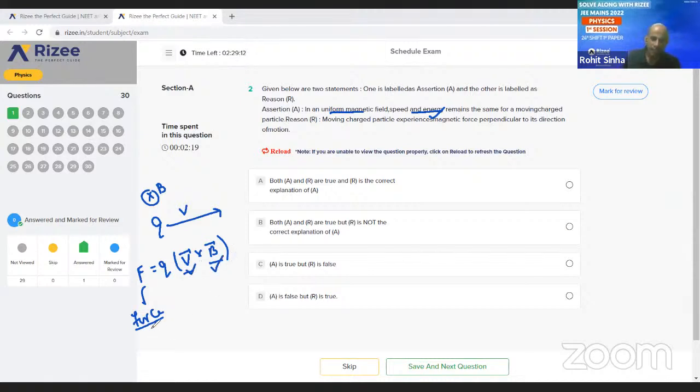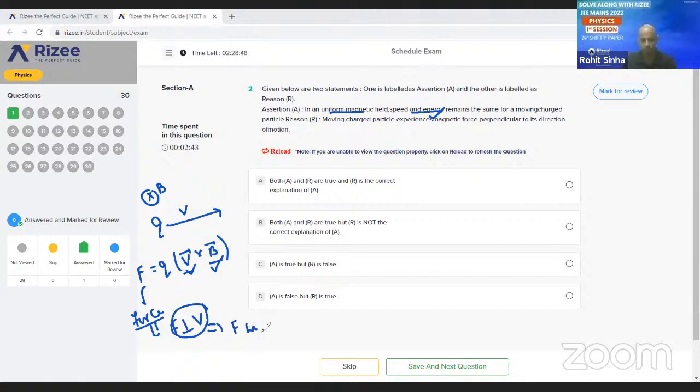From the concept of vectors, if a vector is perpendicular to another vector, it doesn't have any component in that direction because they are mutually perpendicular. So force cannot affect velocity.